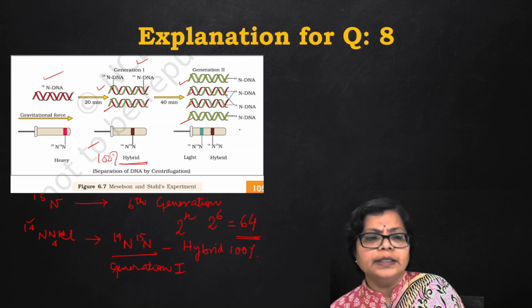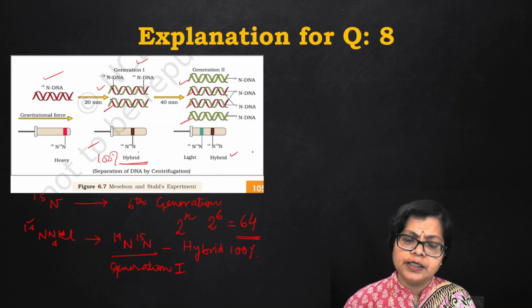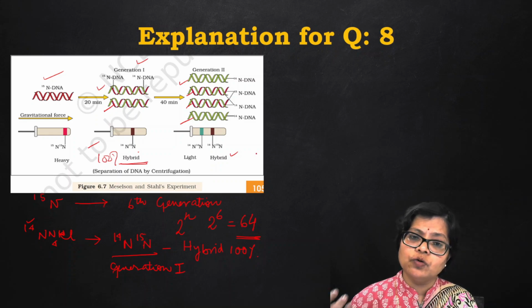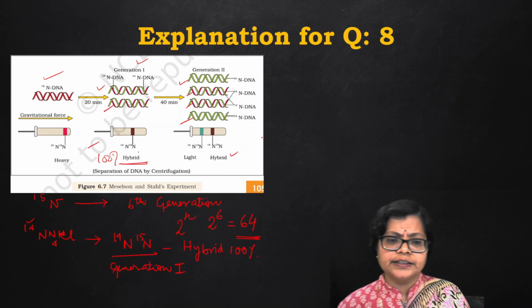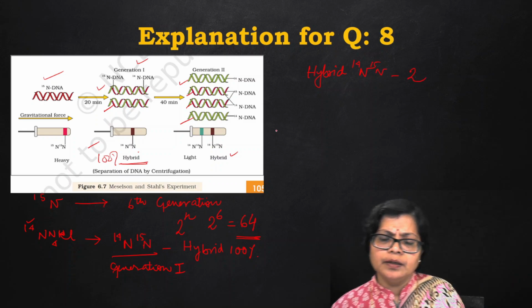So in the beginning it was 2, after that also it will be 2, after the third generation there will be 2 hybrid segments, after the fourth generation also the hybrid segments will be 2. So up to the 6th generation, the hybrid segments, that is N14, N15 type, will be 2 in number.